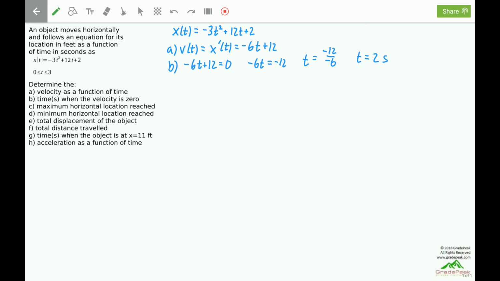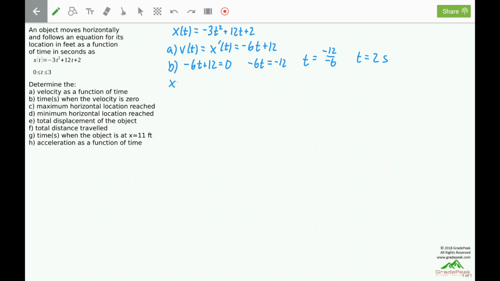For part C, we want to know the maximum horizontal location reached, and for part D, we want to know the minimum horizontal location reached. Those will be either the position when it starts, the starting time of 0, as seen right here, or the position when it finishes, at time equals 3, or anywhere in between when the velocity was 0.